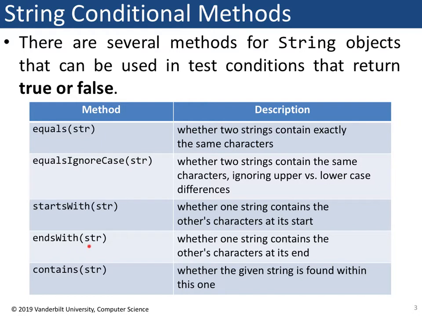Similar thing with ends with. We can tell if a string ends with a particular string, or if anywhere in a given string variable a string occurs. So, in the case of the word several, perhaps we want to know if at any point in the word several the string er occurs.